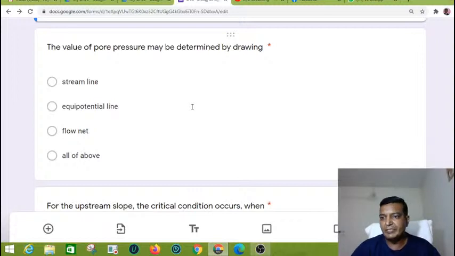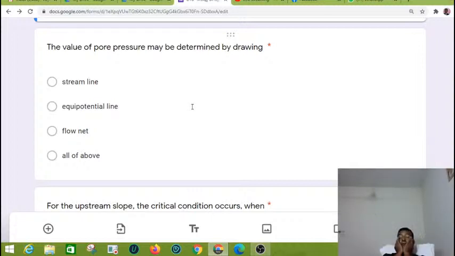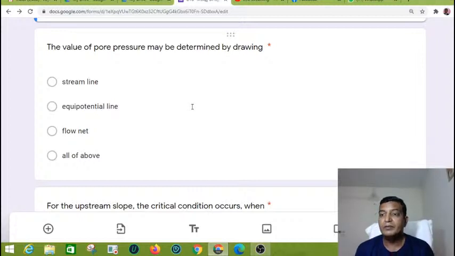Put up your options over here. Write your options in chat box.